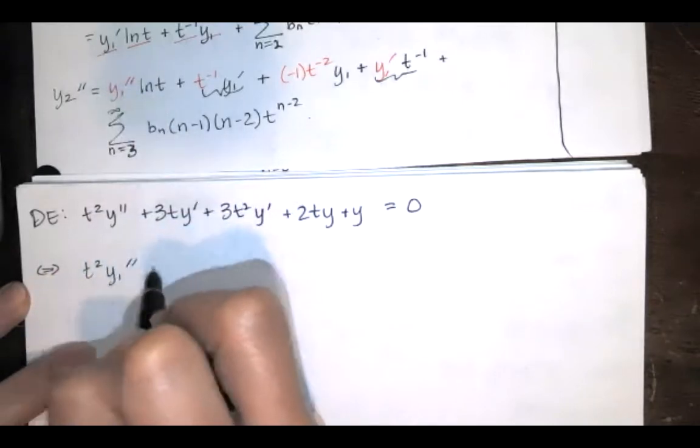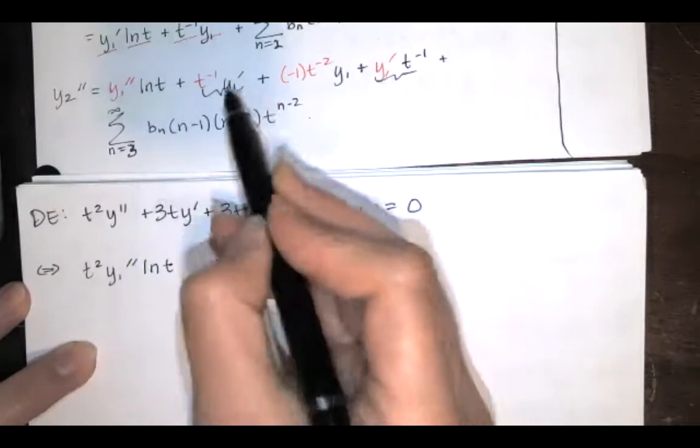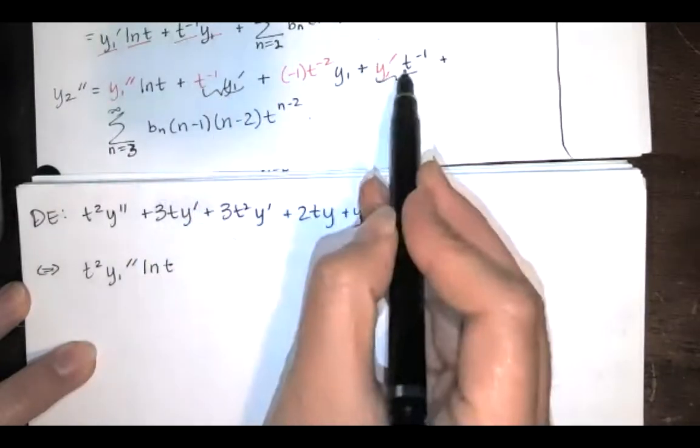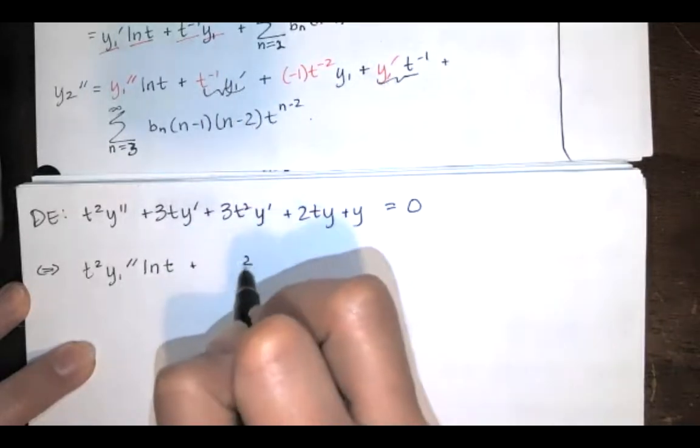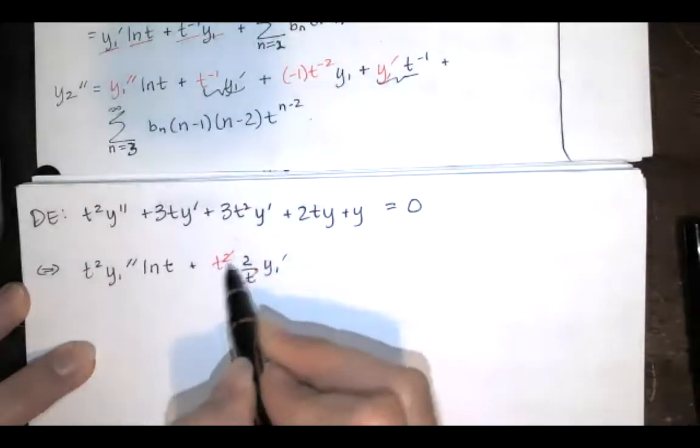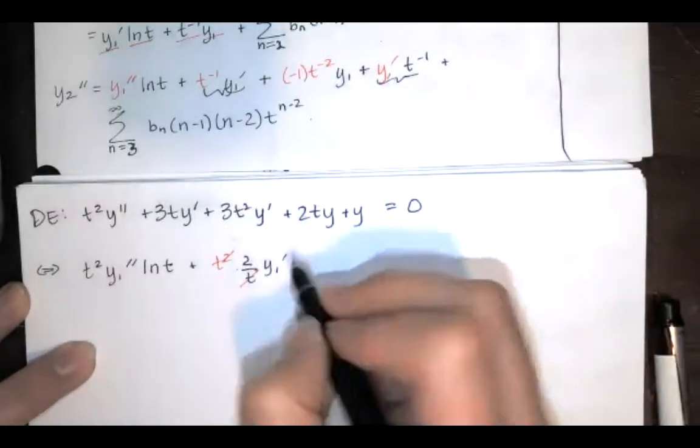This times t squared is t squared y sub 1 double prime times natural log of t. This and this, they're the same. I've got 2 of them. So that's 2 over t times y sub 1 prime. We're multiplying that by t squared as well. So one of those t's will reduce. So we've got a 2t times y sub 1 prime there.